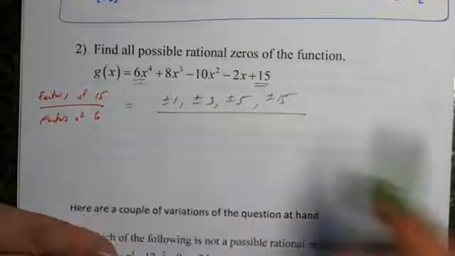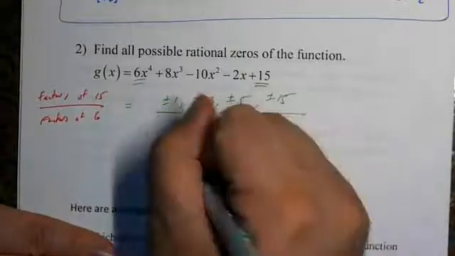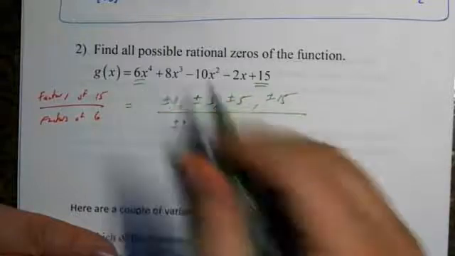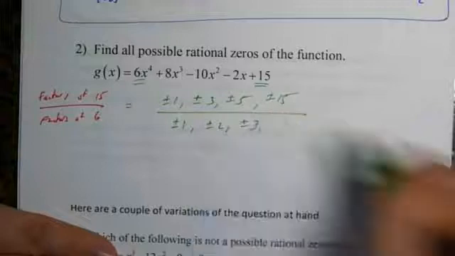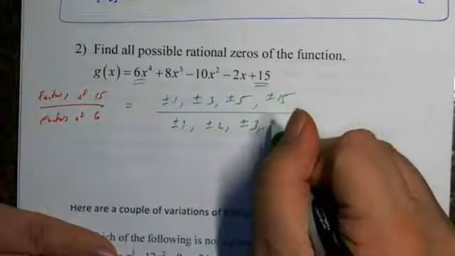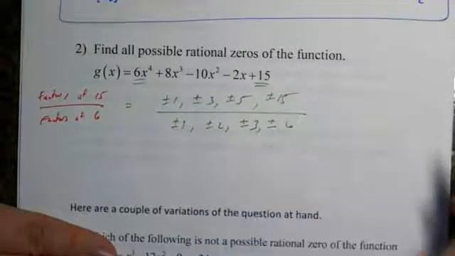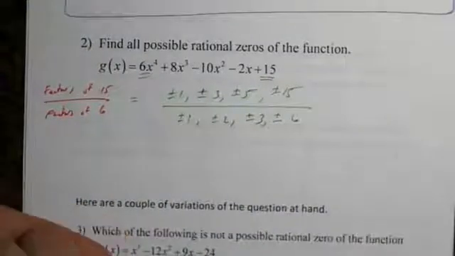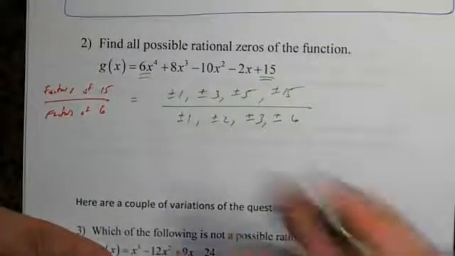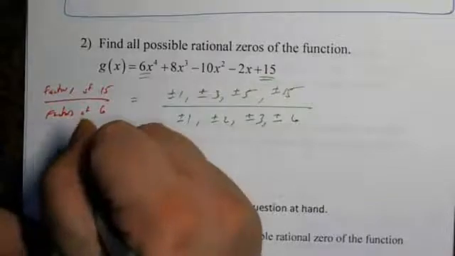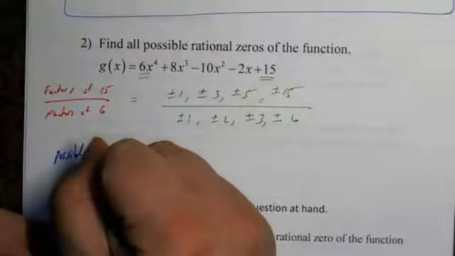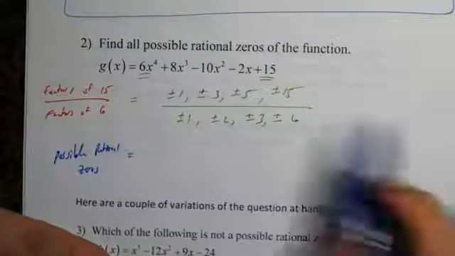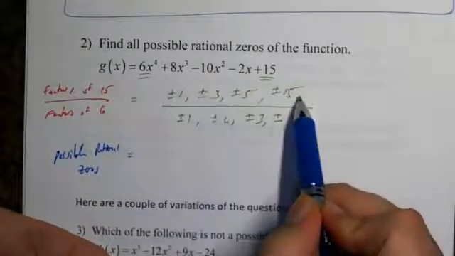Okay, what are factors of 6? Obviously, 1. Does 2 go into 6? Yes, it does. Plus or minus 2. Plus or minus 3. 3 goes into 6. 4? No. 5? No. 6 does. Okay, so possible rational zeros, all of these now over 1.